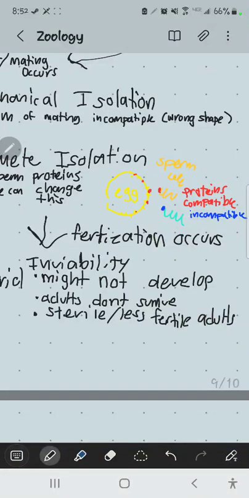And what that means is they're inviable in terms of development, in terms of their adaptation, and in terms of their sterility.